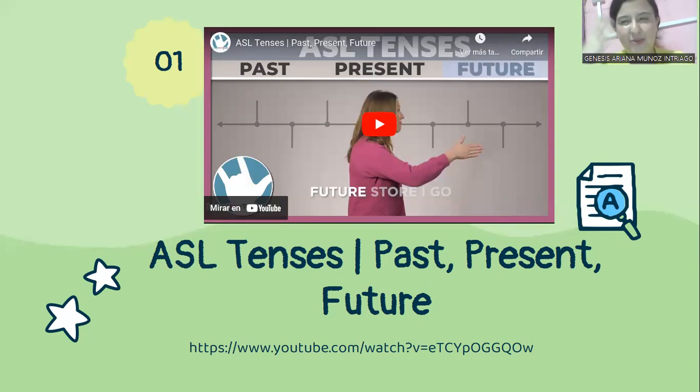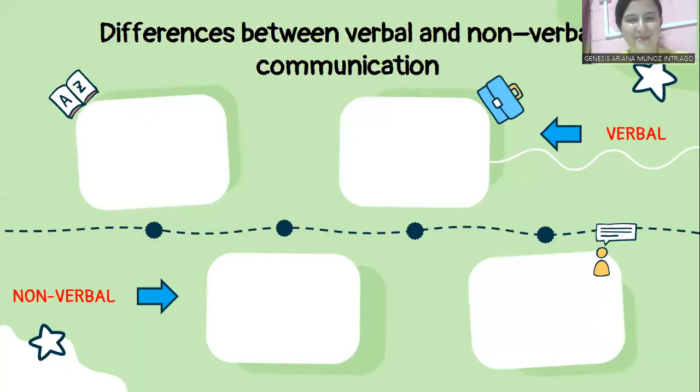And when you are talking about present or maybe something that happened recently, your hands stay in this part, okay? But I strongly recommend you to observe this video because that woman explained better than me, okay?